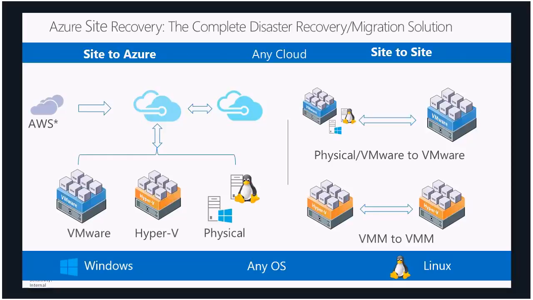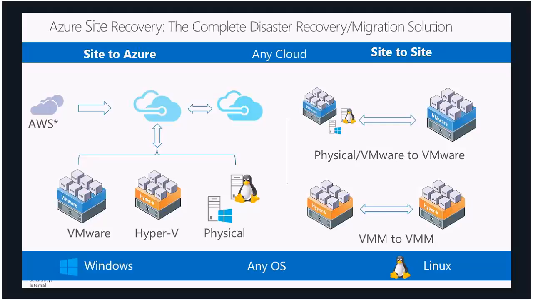ASR also supports the site-to-site protection, so site A to site B, and it helps to orchestrate or automate the replication and failover between these two sites. So we see in the diagram the example of VMware to VMware or physical systems, or VMM to VMM if you're using Hyper-V and a System Center type of platform.